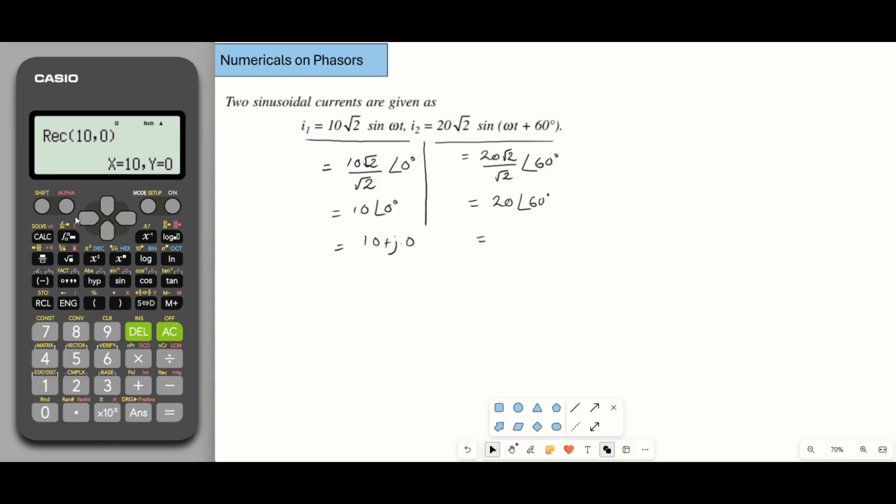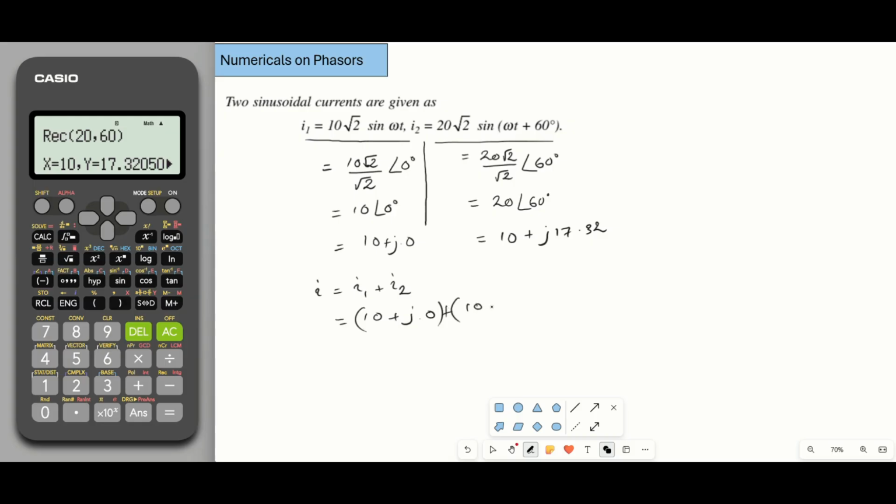For the second one, it will be 20 comma 60 degree, which is 10 plus J into 17.32.